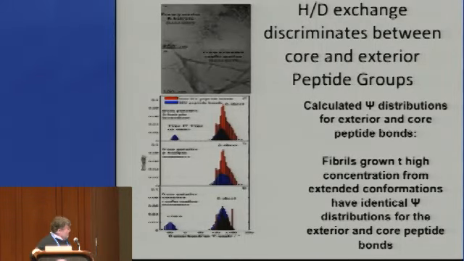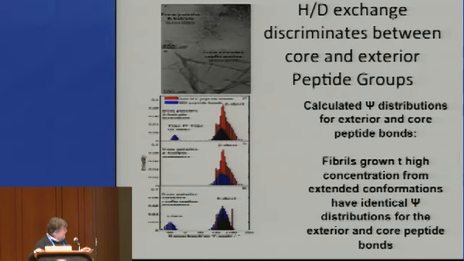And so we have fibrils we've grown at high concentration where we have side chain distributions that are quite different from the outside that is growing than from the inside that's the core.